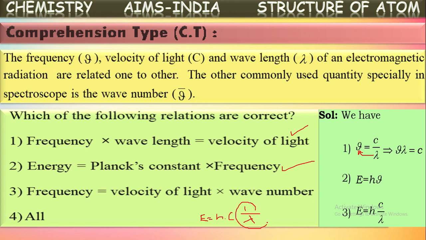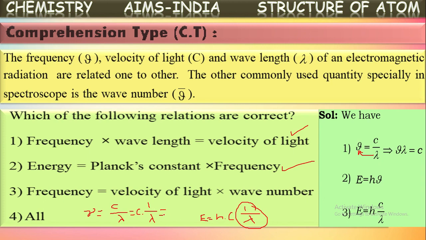Now, in the place of 1 by lambda, we can mention what they're asking here: the relation between frequency and wave number. Let us take the same equation once again. Nu is equal to c by lambda. The same we can write as c into 1 by lambda. So this 1 by lambda is nothing but wave number.